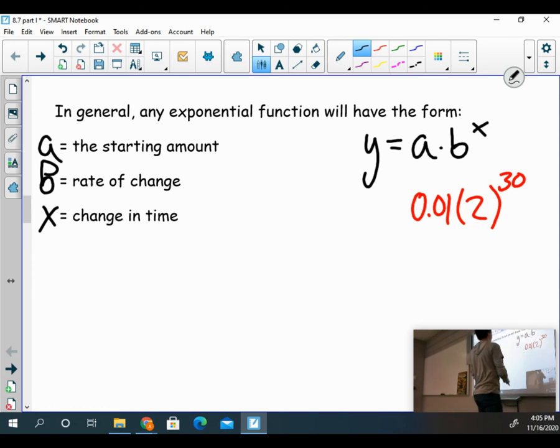Any exponential form or any exponential function is going to be in that form. It might look a little bit different. Maybe you subtract 1 from the exponent. Maybe your B value, your rate of change is a little more complicated than just 2 or 4 or 1/2. But nonetheless, they will all share this form.